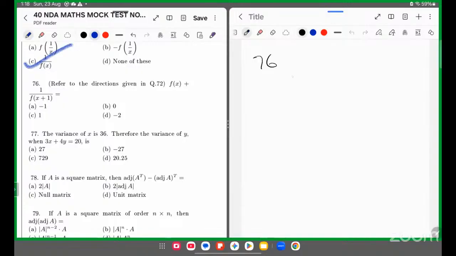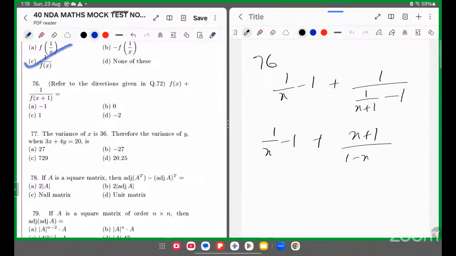76. f of x is 1 by x minus 1. 1 by f of x plus 1 is 1 by x plus 1 minus 1. So 1 by x minus 1 plus x plus 1 divided by 1 minus x minus 1. 1 gets cancelled.